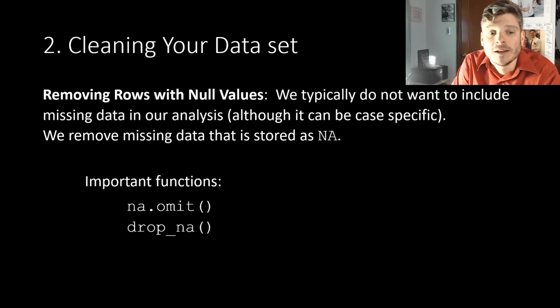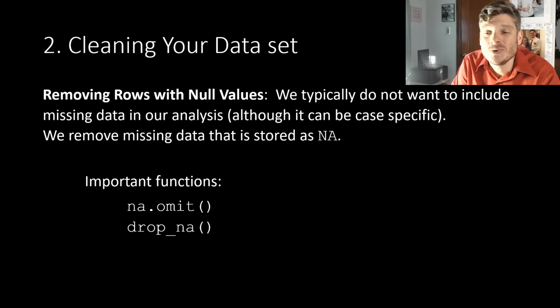I'm going to say that drop_na is probably the better one to use as long as you've installed tidyverse first. You're going to see a pattern that our tidyverse functions typically have underscores, whereas base R has dots to separate words. So again, drop_na is probably the better one.